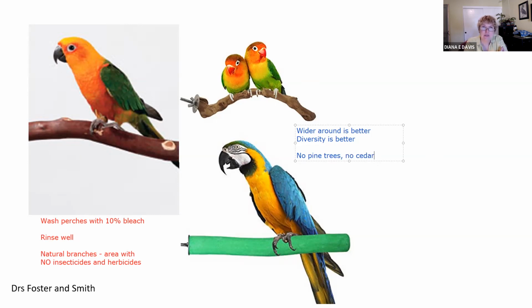Anything that has kind of a resin is probably not good. But things like maples, oaks, sweet gums, those are all really good. And if you can't identify the tree, probably is better just to buy them.